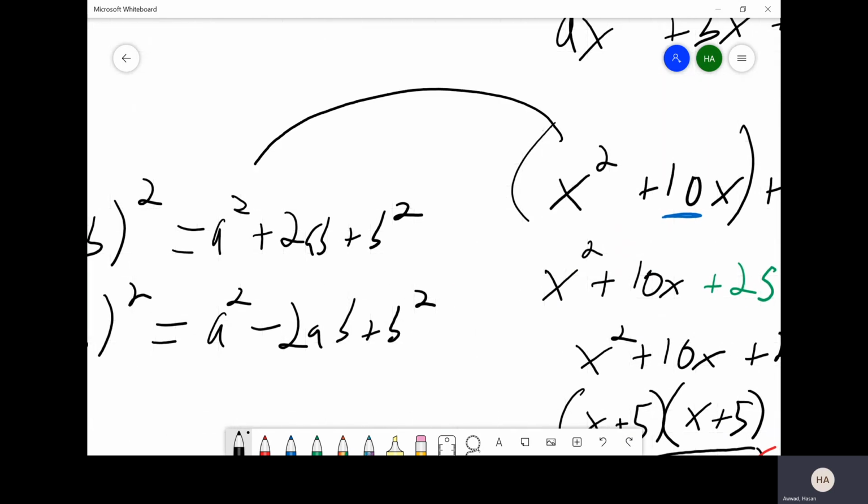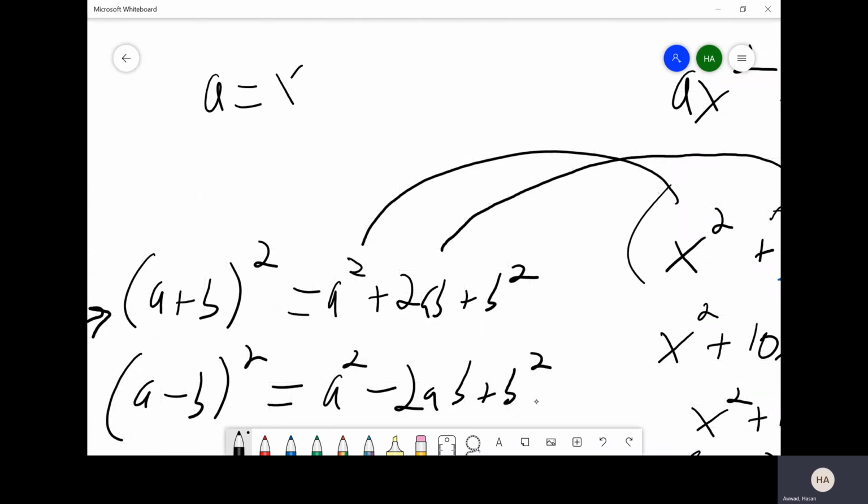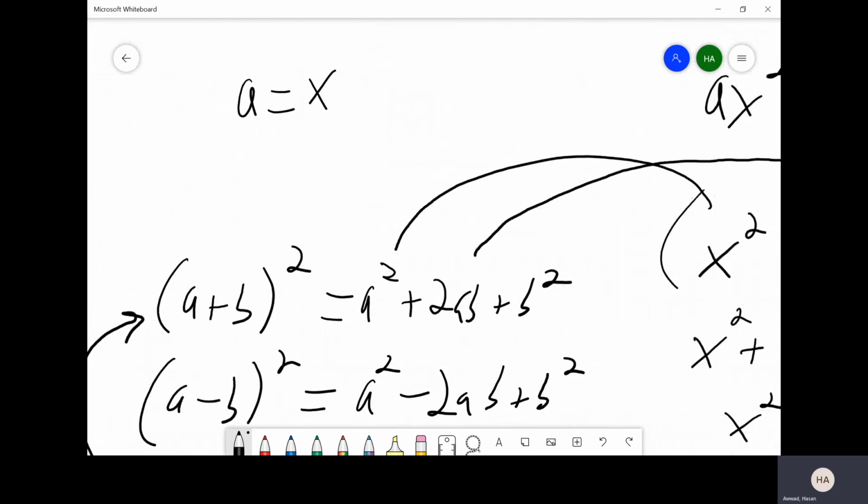I have x squared, which corresponds to my a squared. I have this middle piece, which is 10x. So this entire thing here corresponds to this middle piece, 10x. And now how does 10x really compare to 2 times a times b? Well, we know that a is going to be x, because we have x squared corresponding to our a squared. So a is equal to x, according to setting it into our blueprint.